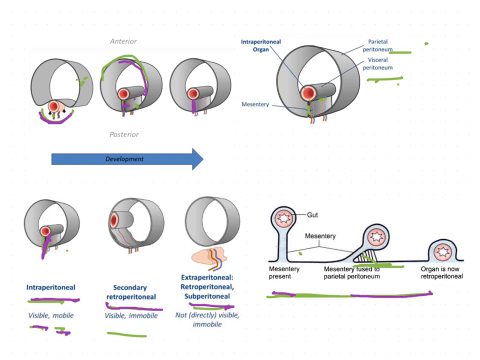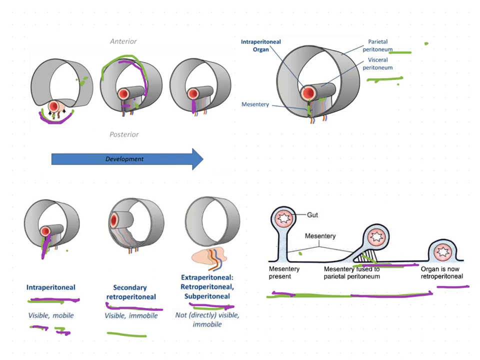One of the folds of the visceral layer fuses with the parietal peritoneum, and finally this organ becomes retroperitoneal. The retroperitoneal visceral organs are the suprarenal glands, duodenum, pancreas, kidney, ureter, and the urinary bladder when it is empty.